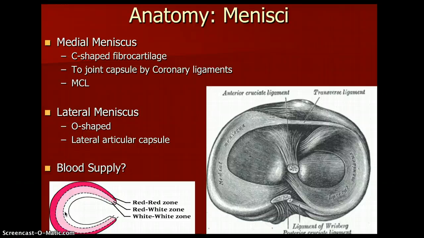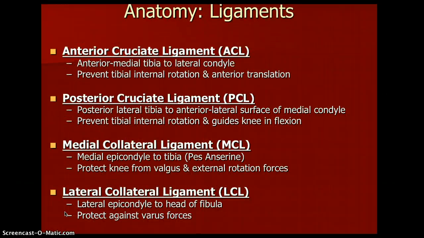And as we talked about in class, one of the major forces that is going to put the meniscus at more risk and create more injuries is going to be the twisting motion or torsion. So as you look at how athletes are, or their mechanism of injury, you're going to be able to tell if a certain movement is going to create more risk for them injuring their meniscus.